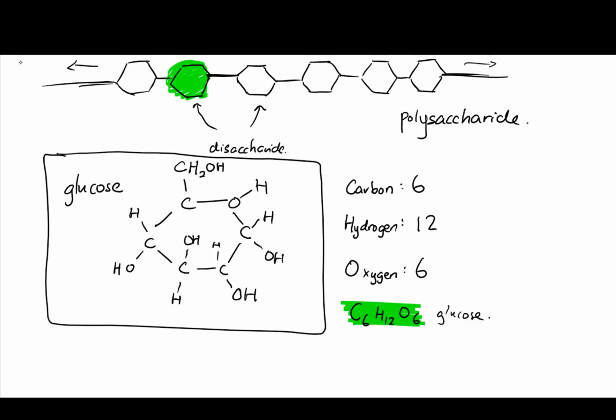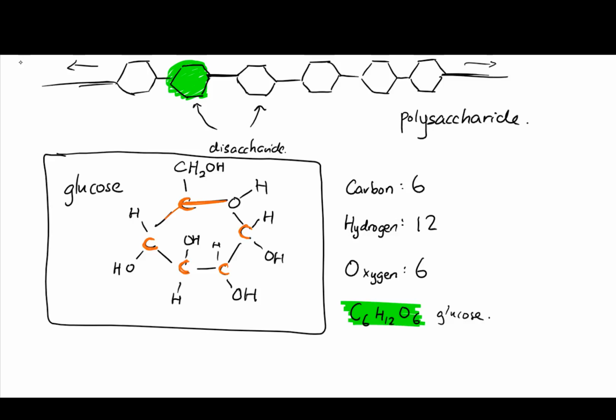And if we focus on the ring shape of this glucose, you'll realize that each carbon is going to have 4 bonds bonded around the central carbon. So I'm going to have 1 carbon, 2 carbon, 3 carbon, 4 carbon, 5 carbon in this particular ring shape. So what I can do is I can simplify this ring shape into an abbreviated structure.